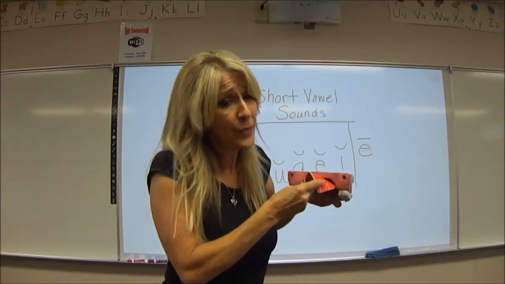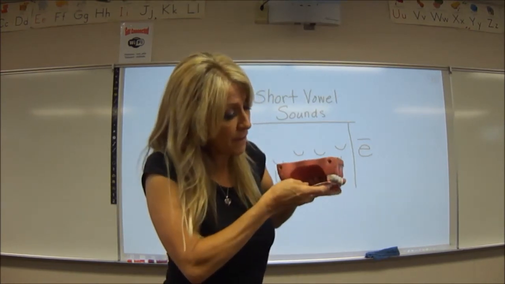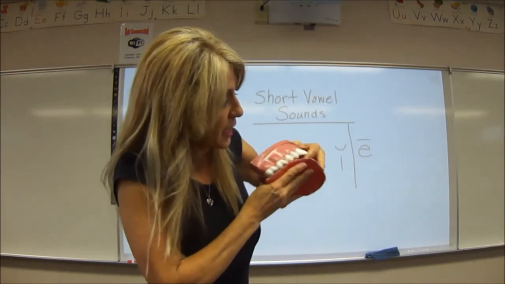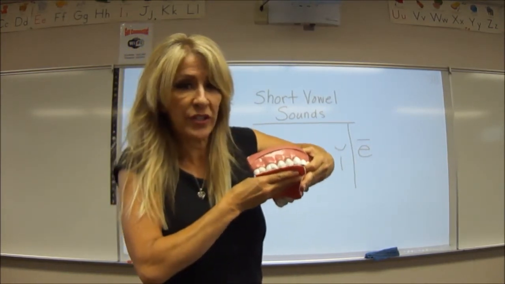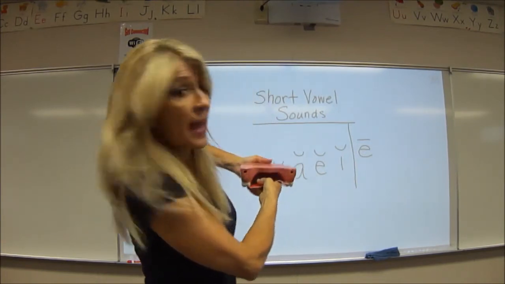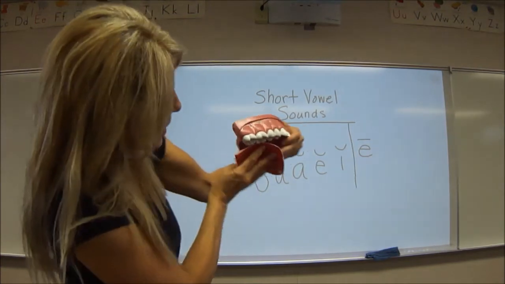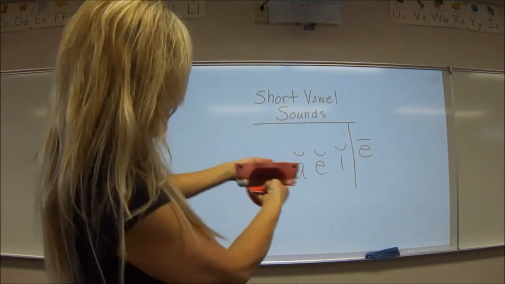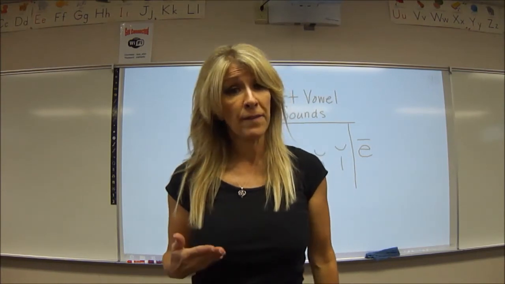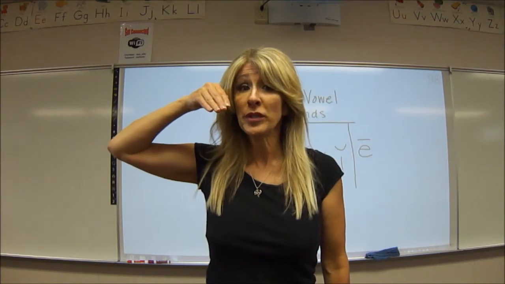We don't want E, we want short I, which is with the tongue flat here, across the back teeth, touching all of these teeth on the side, but flat. You keep your tongue flat here across like this, with the tip of the tongue down, of course, and then say I, I, I. If we hear E, that means your tongue's up too far, and you will see me do this.